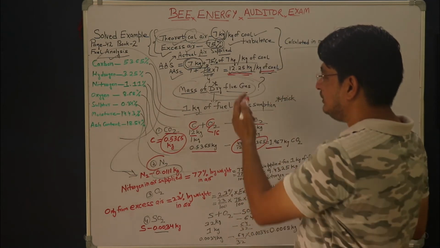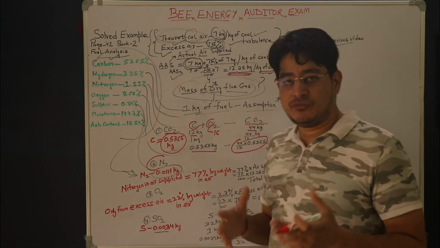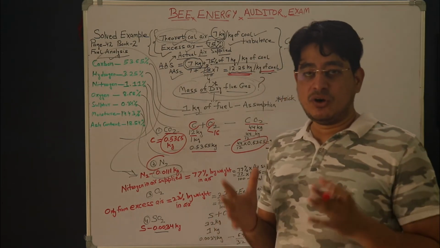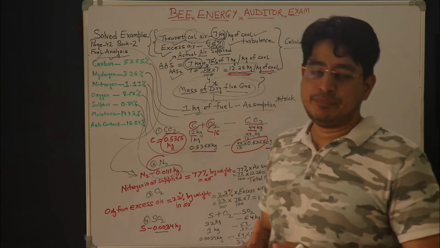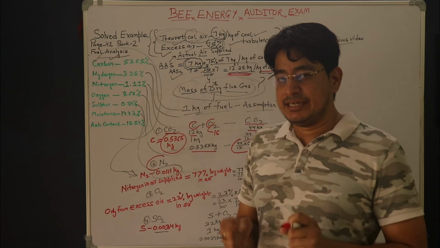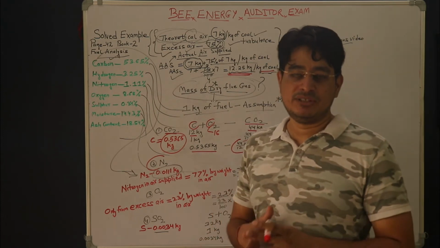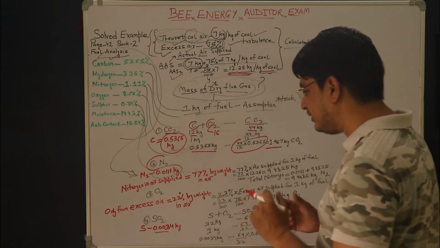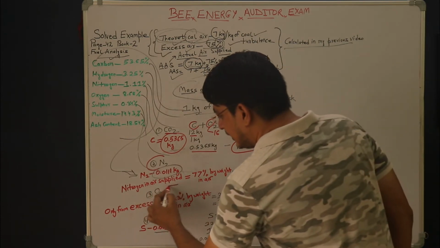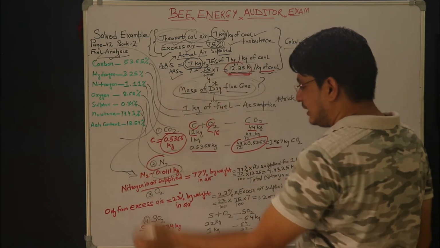So how much nitrogen will be present in this 12.25 kg of air? As you all know, by weight the nitrogen present in air is 77%. That is, in 100 kg of air, 77 kg of nitrogen will be present. So I have calculated the nitrogen that has been supplied along with this air.